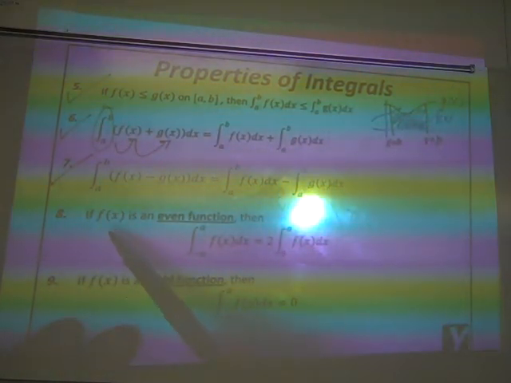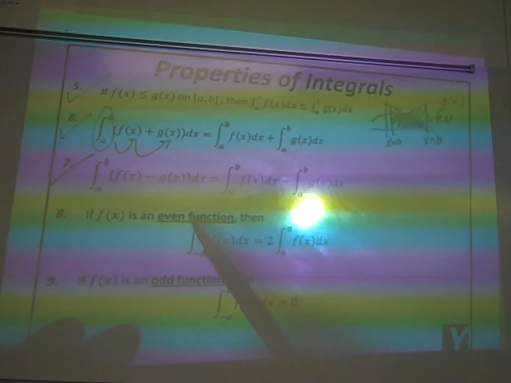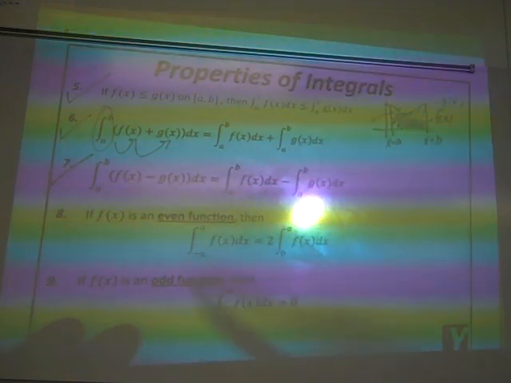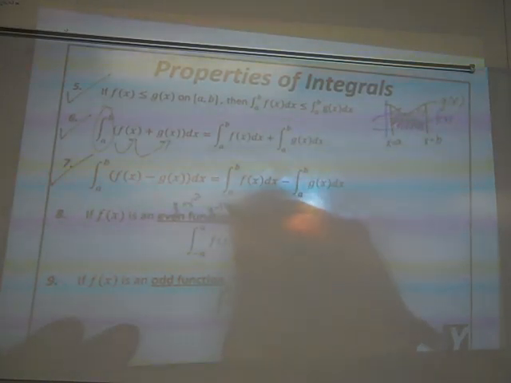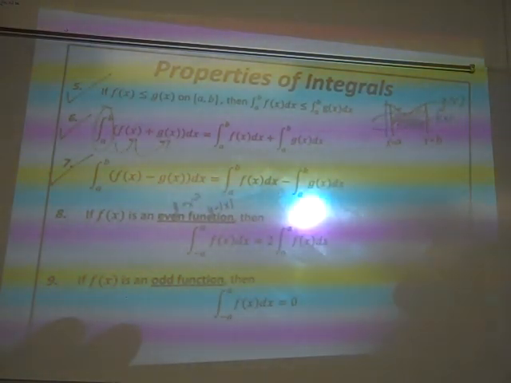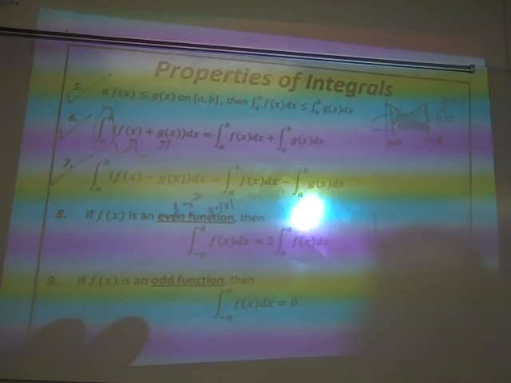Number 8. If f of x is an even function, think about y-axis symmetry. We're thinking about curves like y equals x squared, like y equals the absolute value of x, and a bunch of other ones.